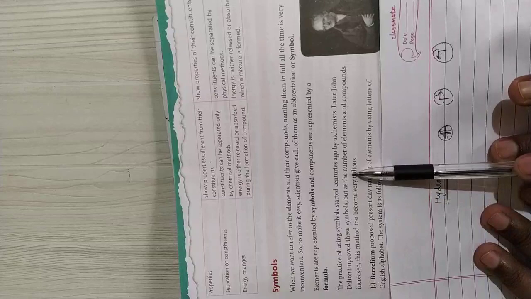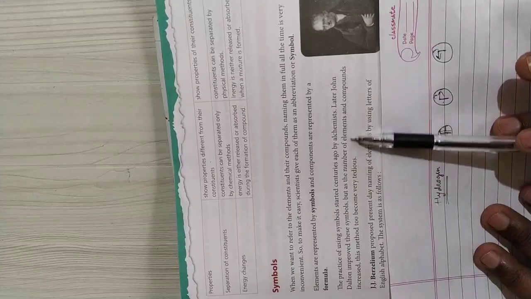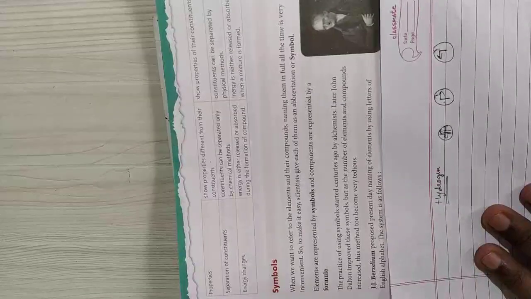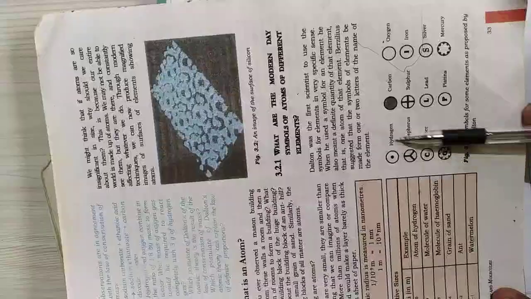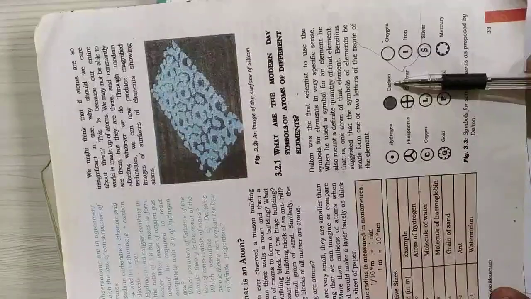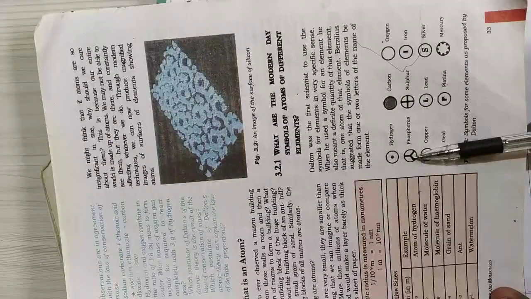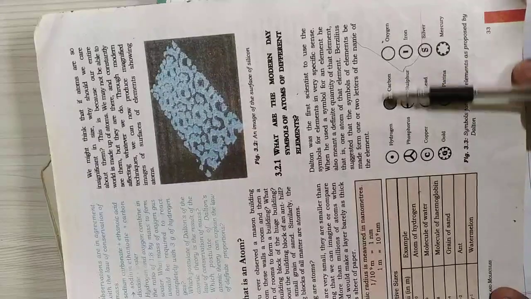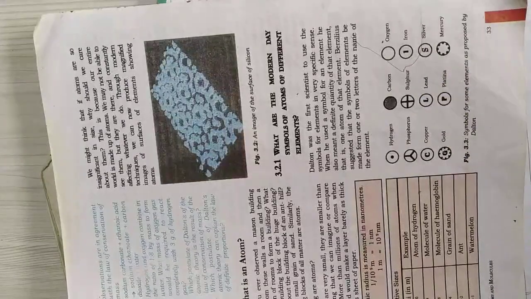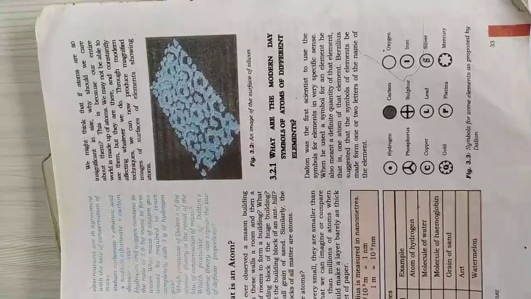What John Dalton did was he gave symbols for some elements. Now if you see, these were the symbols for hydrogen, carbon, oxygen, phosphorus, sulfur. So these were the symbols for the elements which John Dalton proposed.